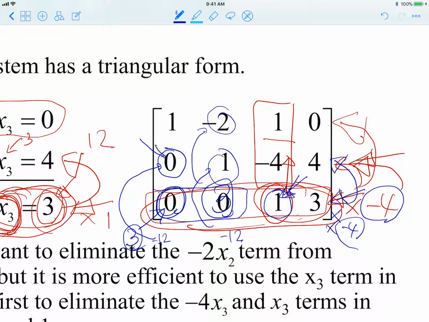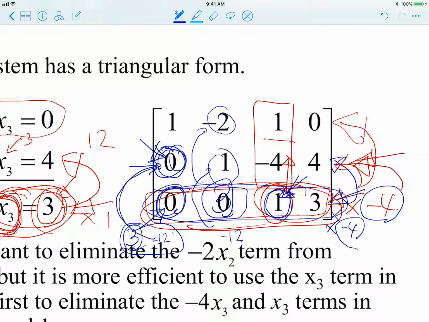Previously we made it 0, but if this equation has this variable and also another variable, then even if we made it 0, this value will be added back or subtracted back into the second equation, and thus this 0 will no longer be 0. So once we made a 0, it may become non-zero again, right?